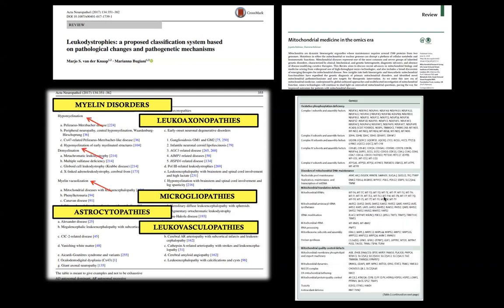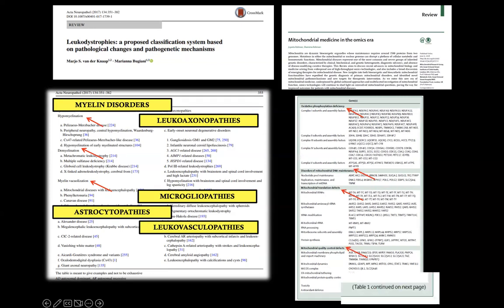And look at the number of genes associated with mitochondrial disorders. And this is only the first part of the table, to be continued in the next page from this pivotal paper. Of course, we cannot know all these genes and all the patterns sometimes described in a single case report.